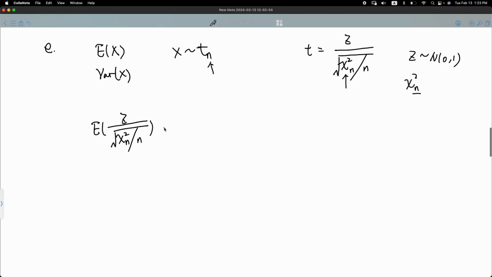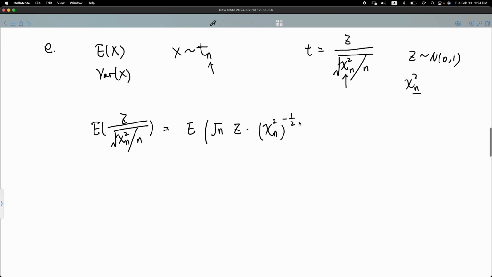And we have the expectation of square root of n, and then Z multiplied by chi-square raised to the power of negative 1 over 2, square root.